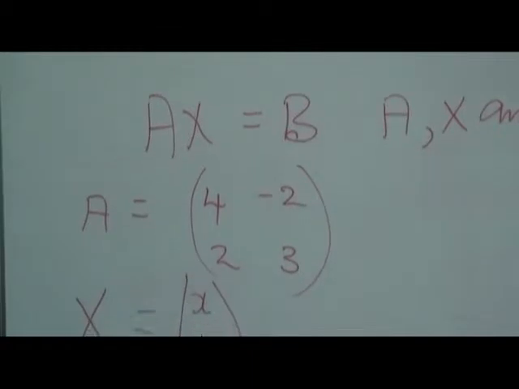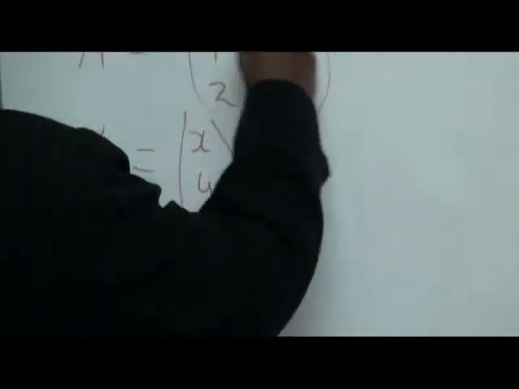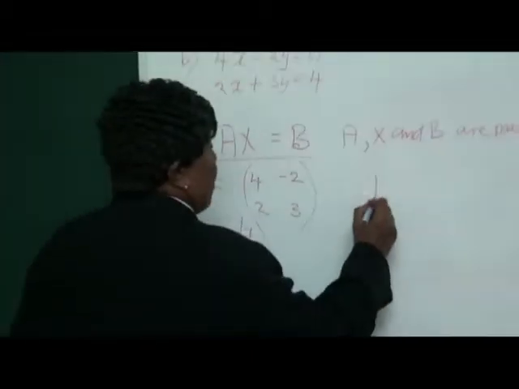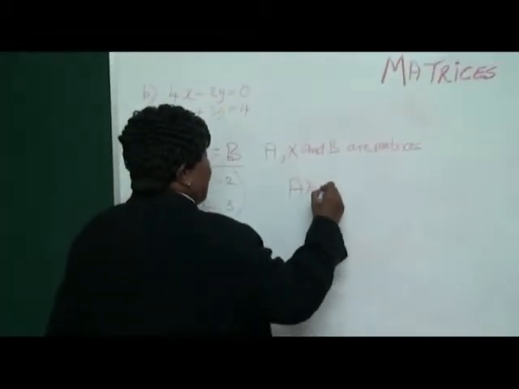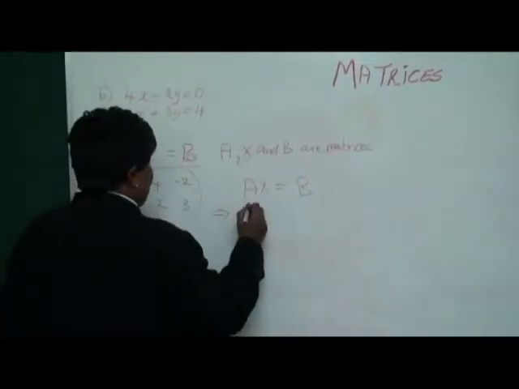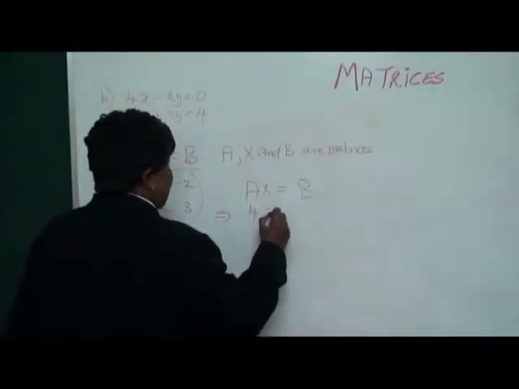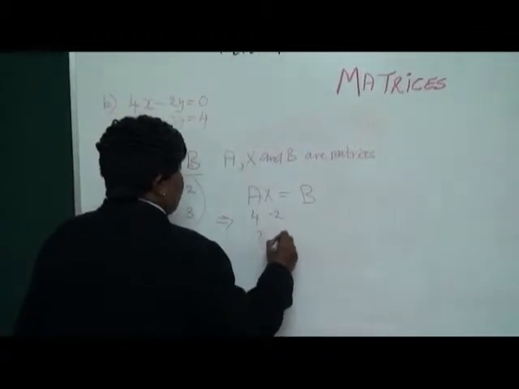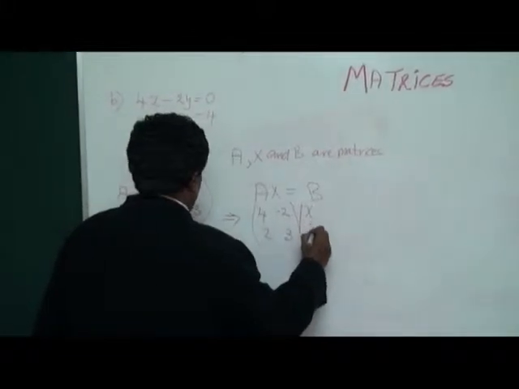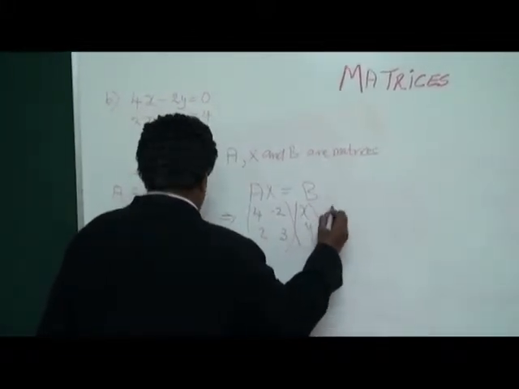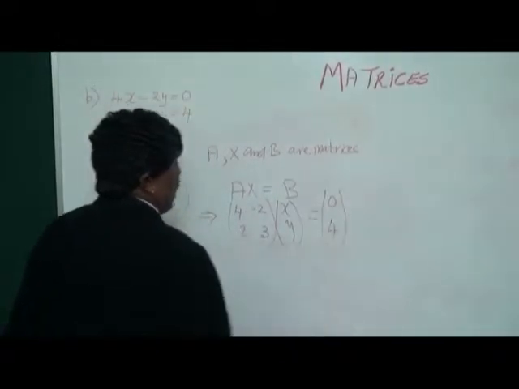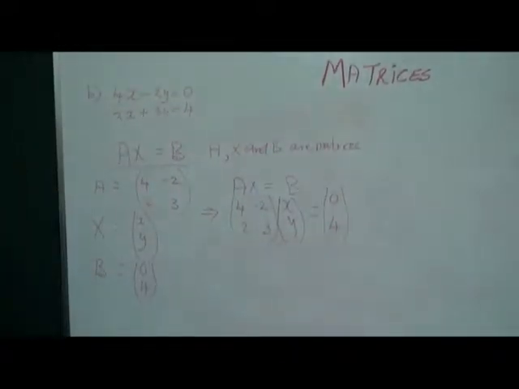And so when they ask us to write it in the form AX equal to B, we have our bracket with the numbers 4, negative 2, 2, 3, times x, y, and that's equal to 0, 4.